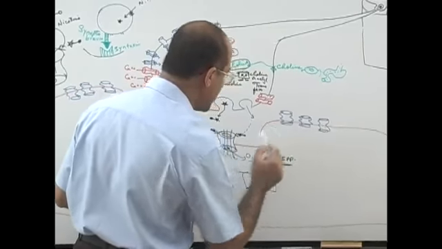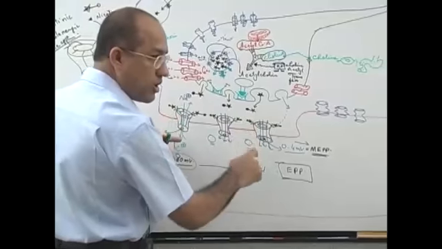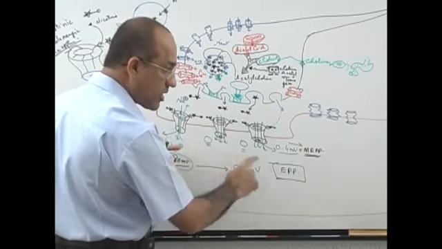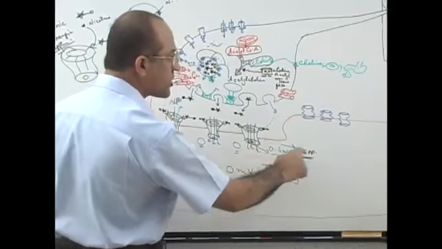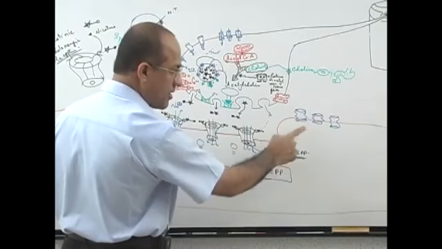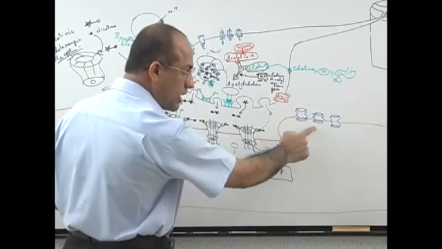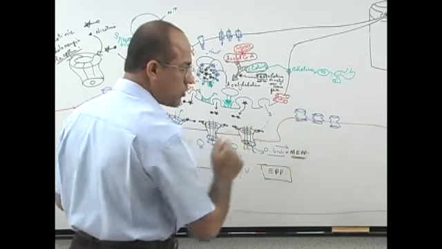So what really happens is that when the motor end plate undergoes the process of depolarization, this depolarization is the end plate potential. This end plate potential takes the flanking part of the membrane on the sides of the motor end plate from resting voltage to threshold voltage.